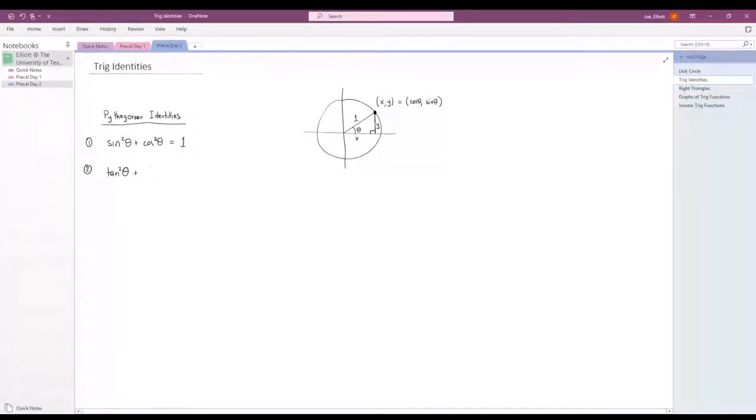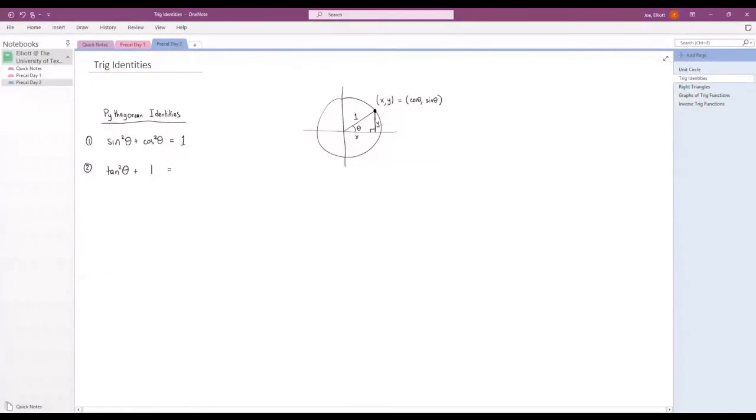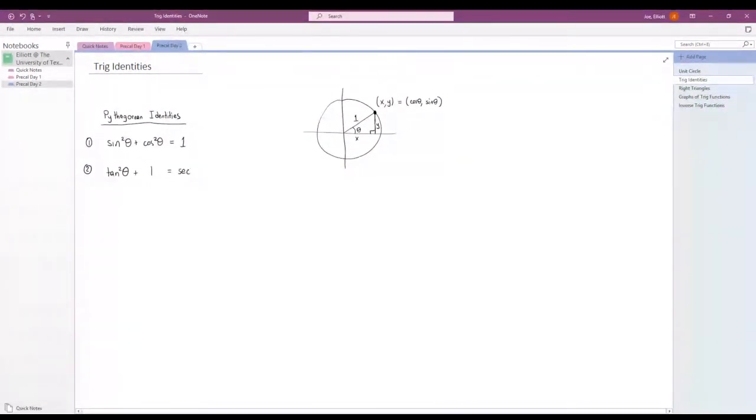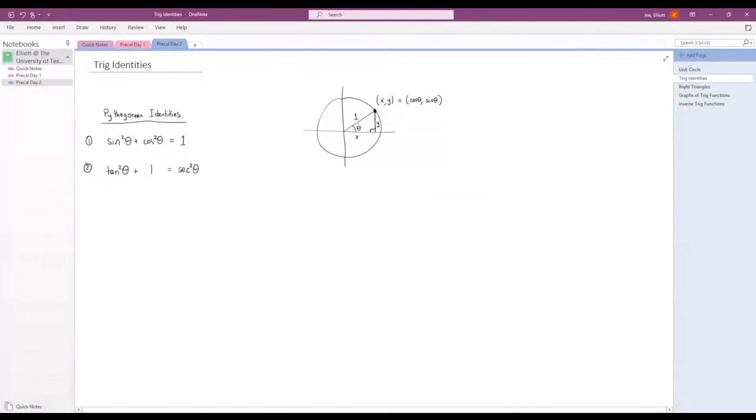Dividing by cosine squared gives you 1, and 1 over cosine is secant, so you'd end up with secant squared on this side. So that's another one of the so-called Pythagorean identities. Again, you obtain it just by taking the first one and dividing everything by cosine squared.